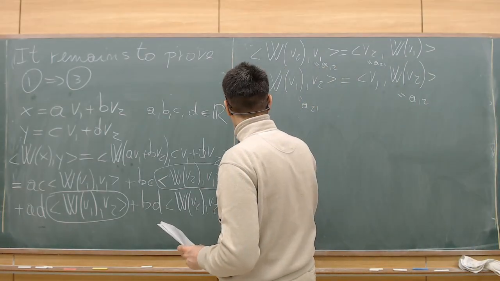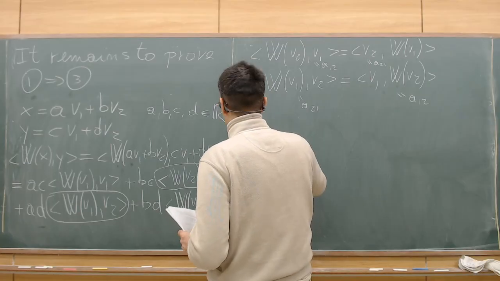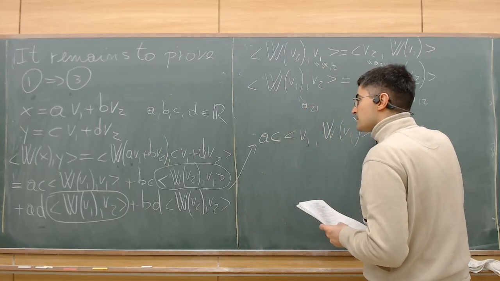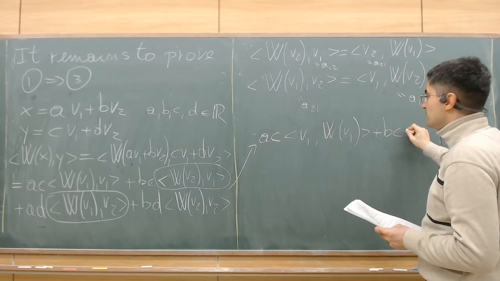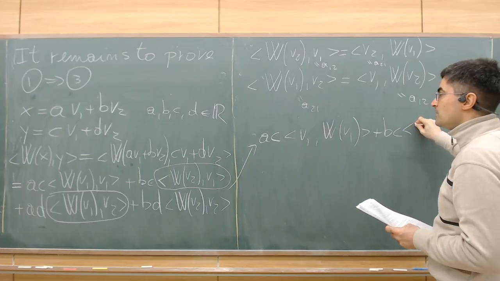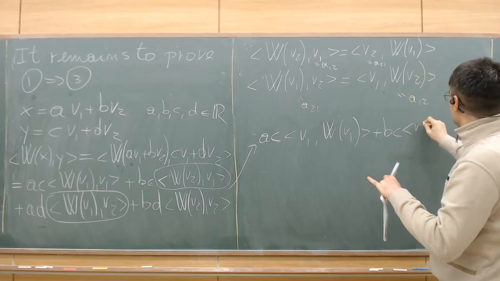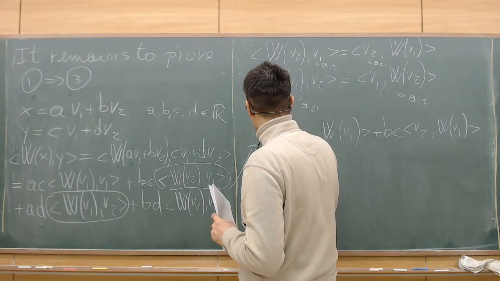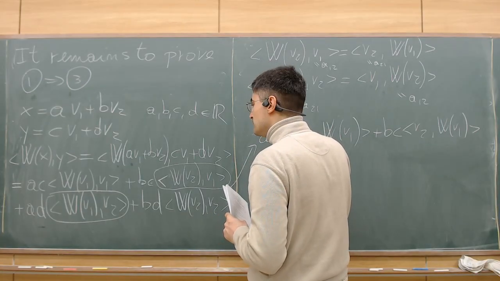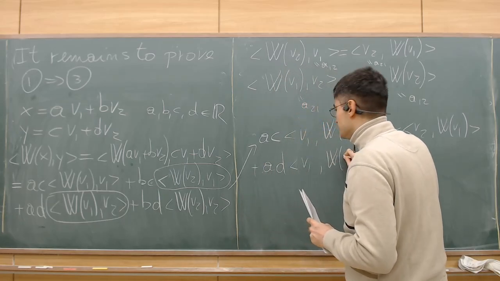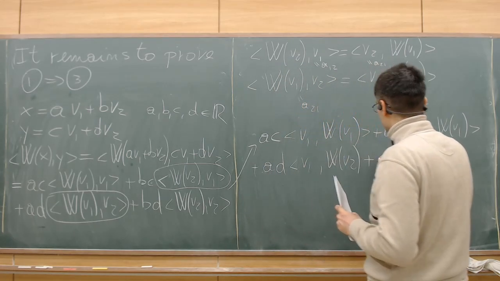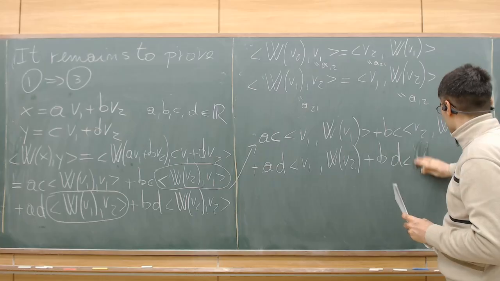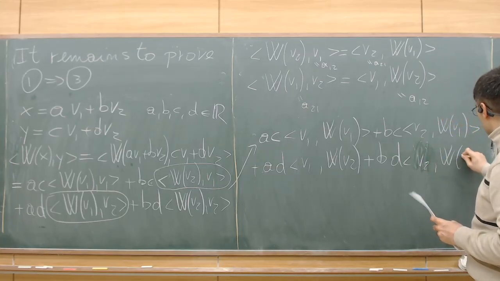So this means that this can be written as AC V1 WV1 plus BC V2 WV1 plus AD V1 WV2 plus BD V2 WV2.